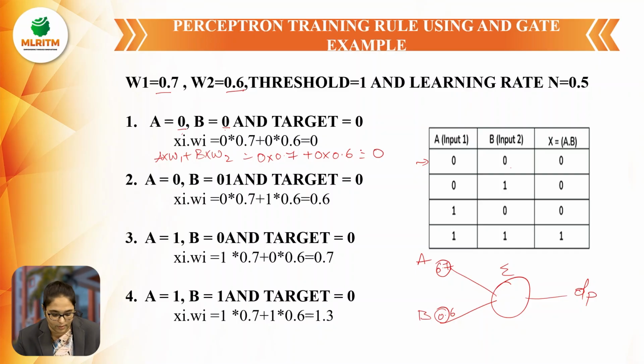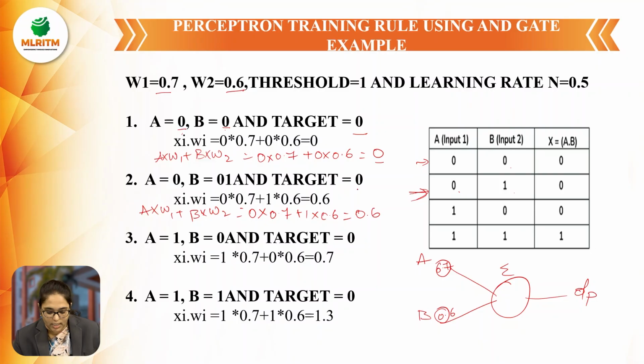Anything into 0 is 0. The same thing for the second input values, which are 0 and 1. A into W1 plus B into W2. So the A value is 0 into 0.7 plus 1 into 0.6, which is 0.6. Here the targeted output and actual output are matching, so we move forward to the next input values.